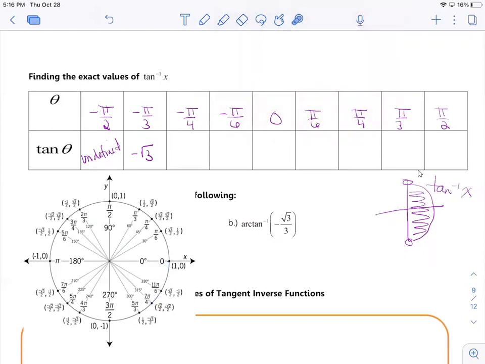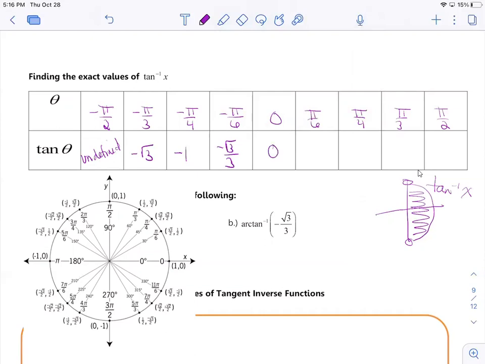Negative pi over 4: negative root 2 over 2 divided by root 2 over 2 is just going to be negative 1. Negative pi over 6 will be negative root 3 over 3. We've done rationalizing and all that in other sections, so that's why I'm going through this quickly.